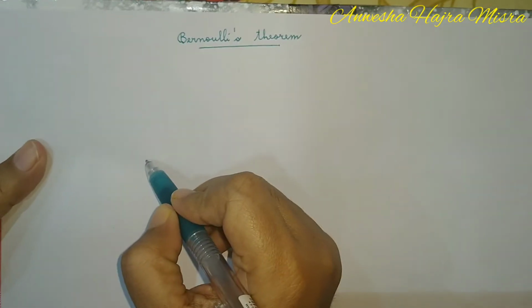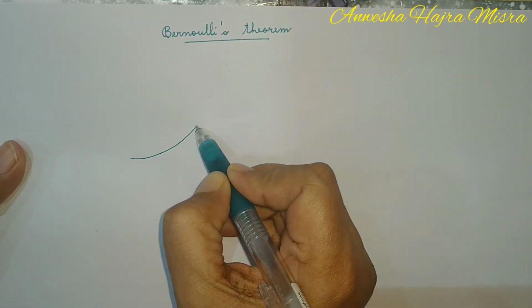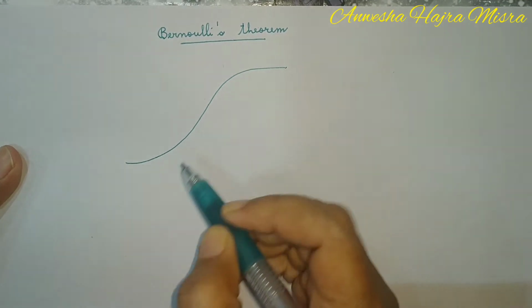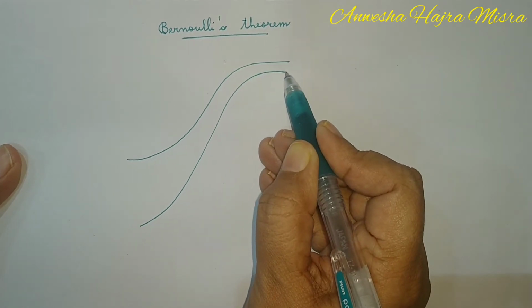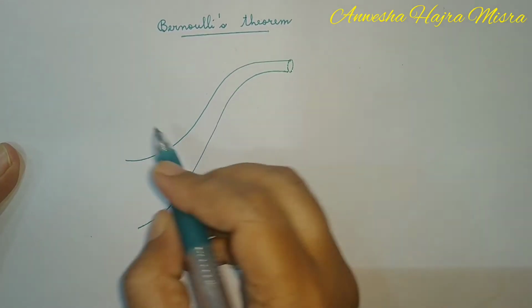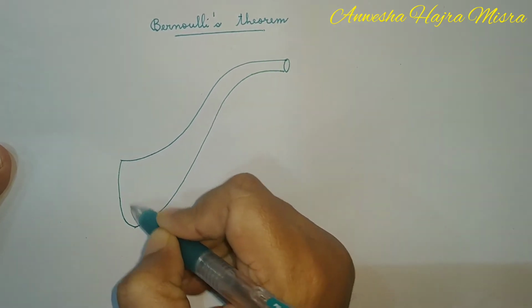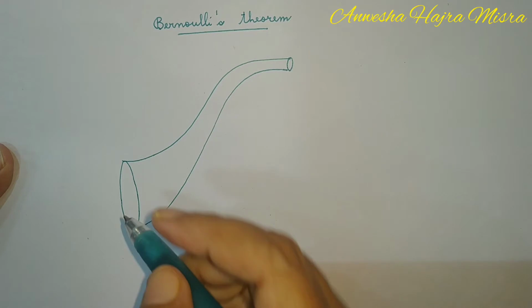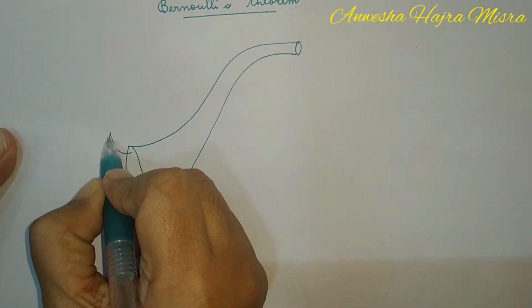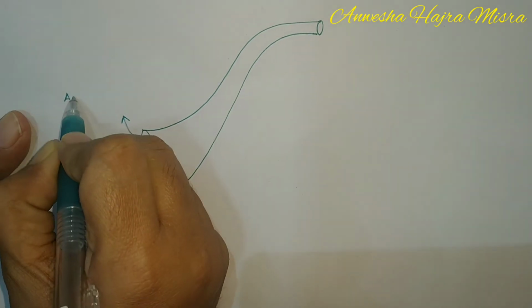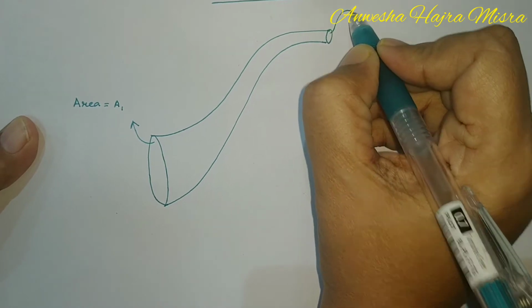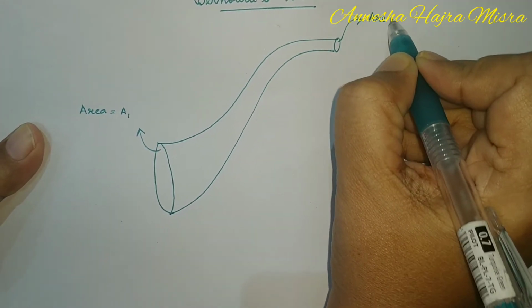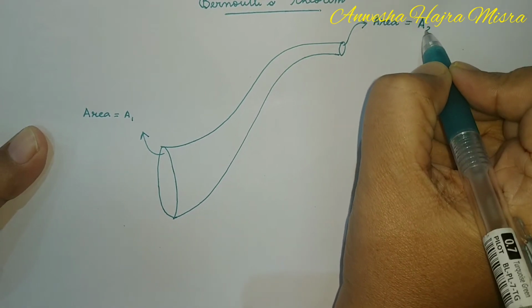Now, children, suppose you have a tube through which liquid is flowing. This area of cross section is A1 and this area of cross section is A2.